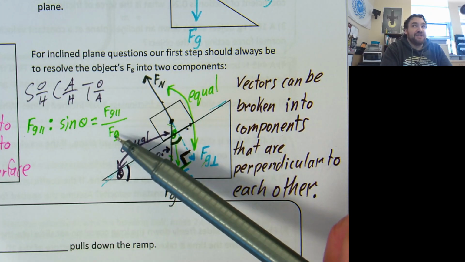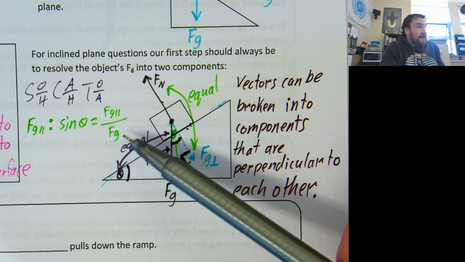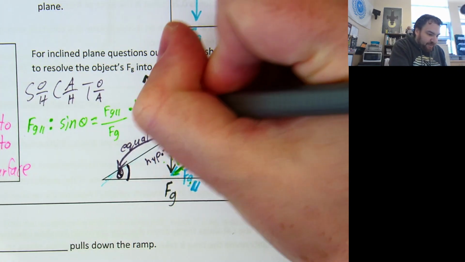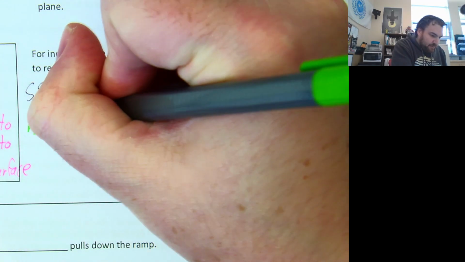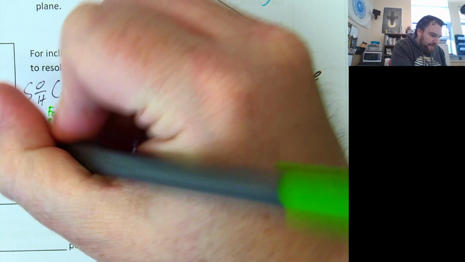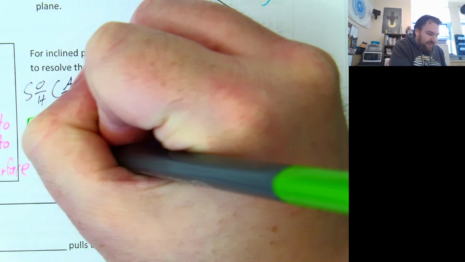I'm already dividing by Fg. Because I'm dividing by Fg, I want to get rid of it. I want to move it to the other side. So I want to multiply Fg onto both sides. And so what we're going to get here is that Fg parallel is going to equal Fg times the sine of theta.